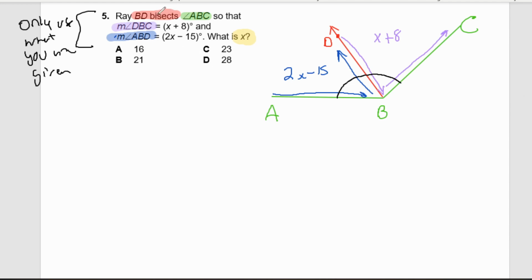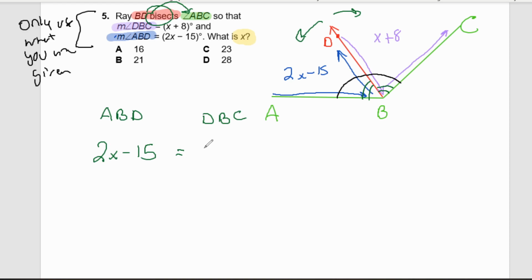So if ray BD bisects ABC, this means it cuts everything in this side and this side into equal halves. So I can say this angle and this angle marker go together. And the nice thing about that is I no longer need to know what ABC's value is, because I know that I can find a balanced equation by doing angle ABD is equal to, by the word bisects, DBC.